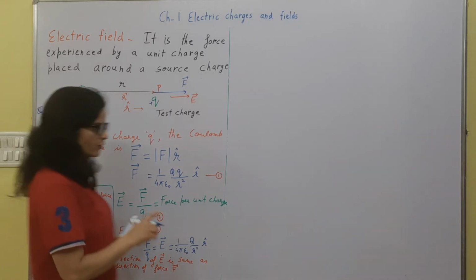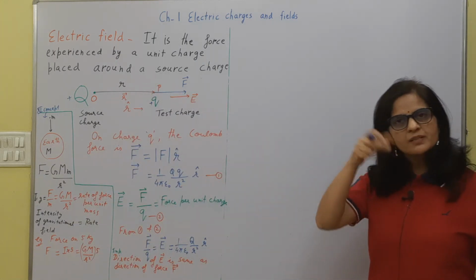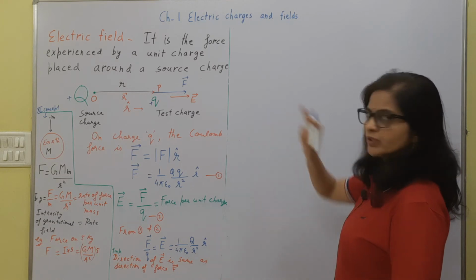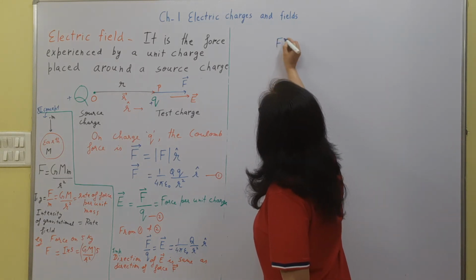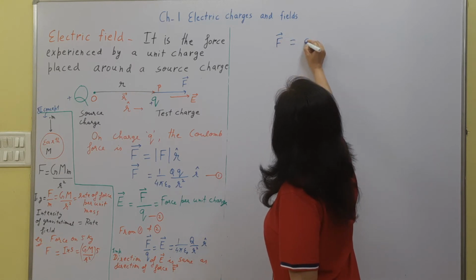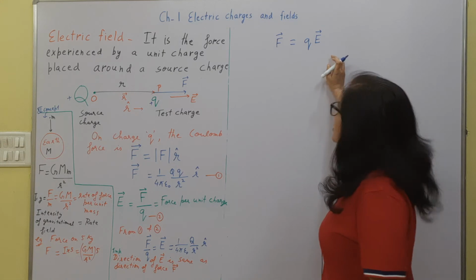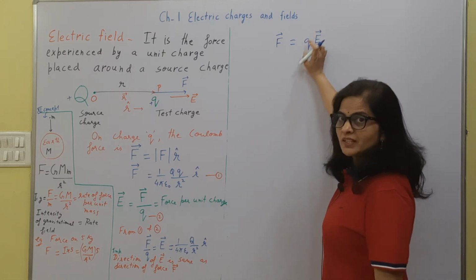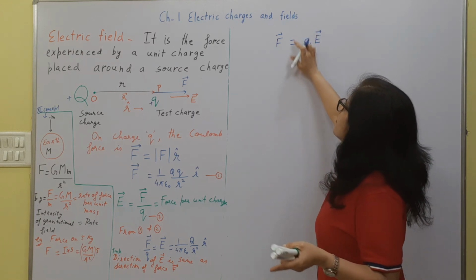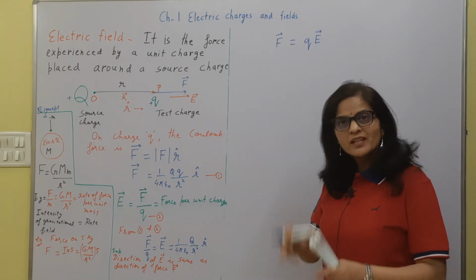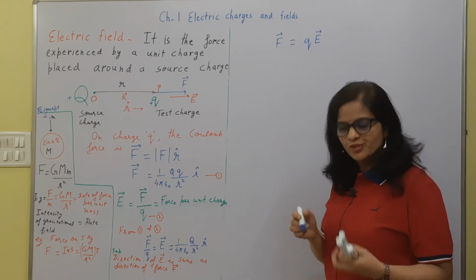So now if you know this electric field, you can find the force on any charge which is placed there, right, around the source charge. So we get another formula for force from the definition of electric field. If I know this rate, I can multiply by the charge placed around the source charge to get the force experienced by any charge placed in the region around the source charge.